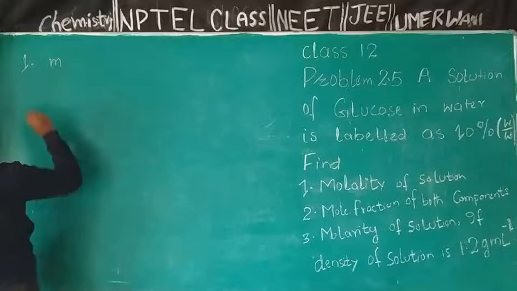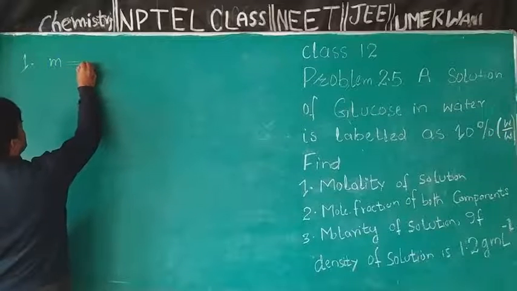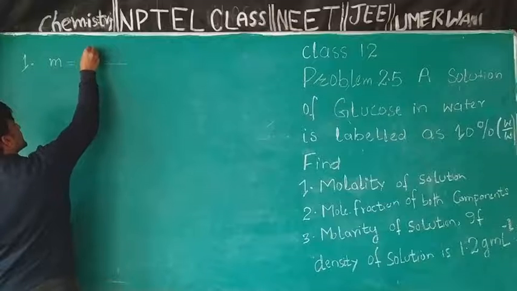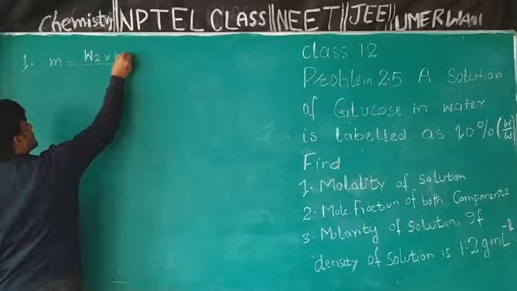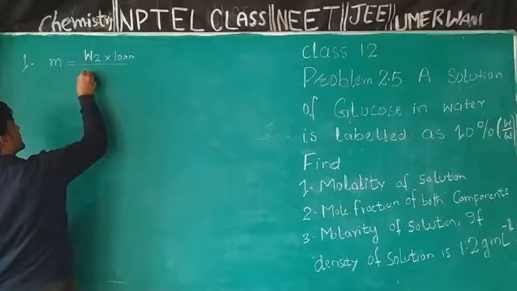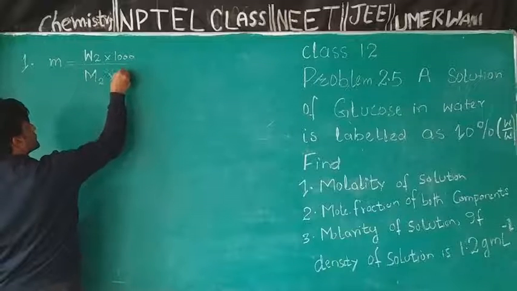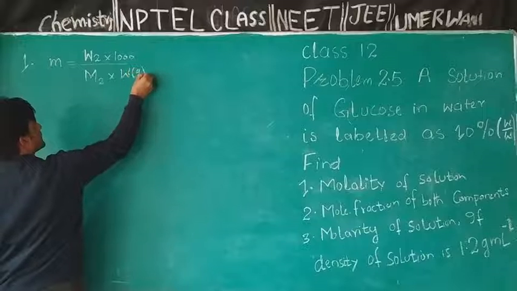Molality is represented by small m and is related with given mass of solute W2 multiplied by 1000, divided by molar mass of solute M2 multiplied by total weight of solution expressed in grams.